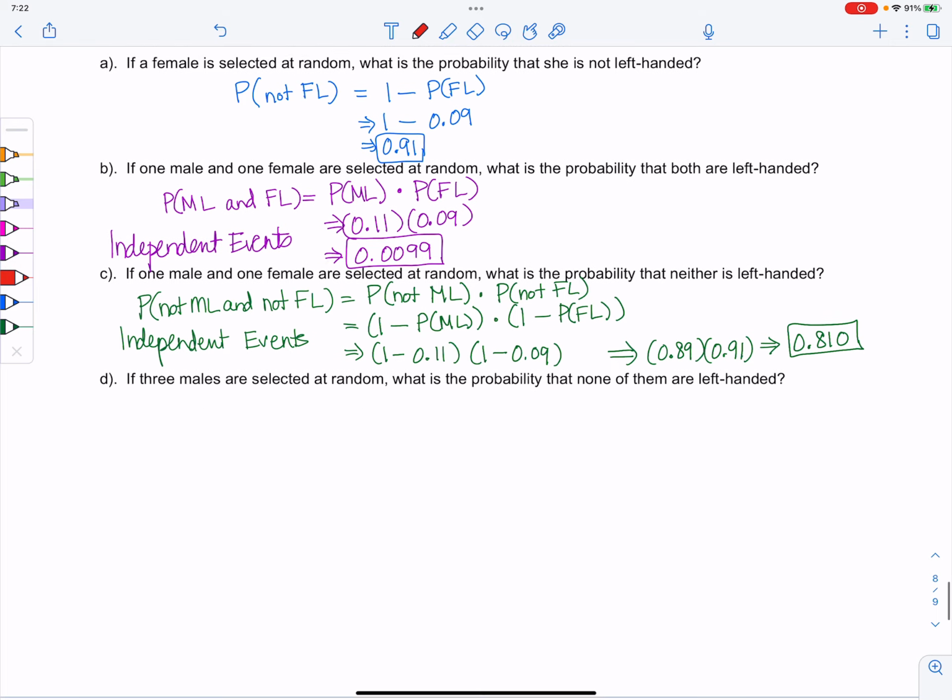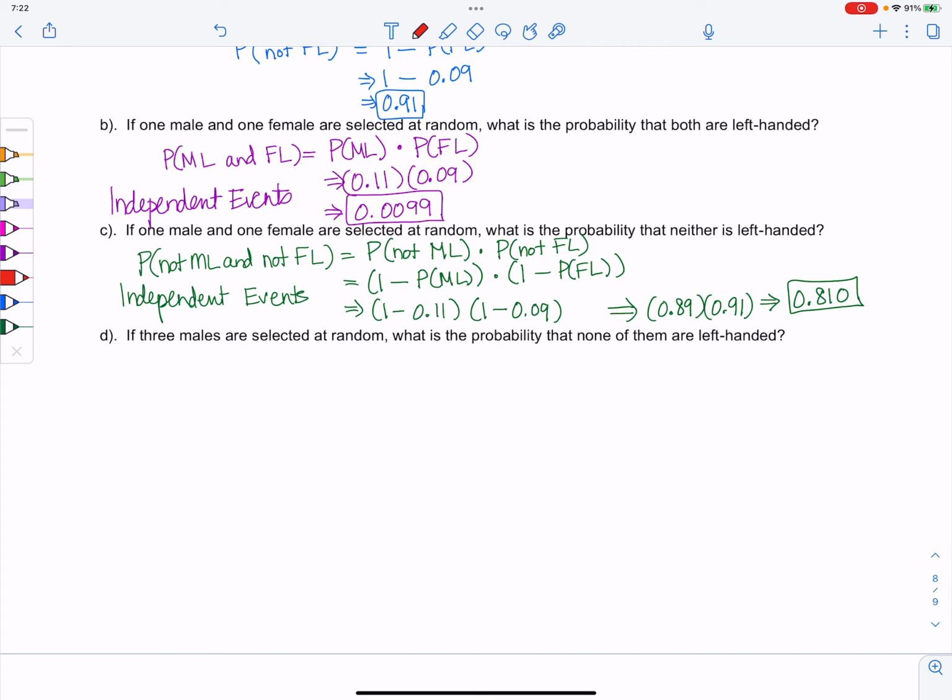Okay, if 3 males are selected at random, what is the probability that none of them are left-handed? So we want the probability that none of the 3 are male left-handed.